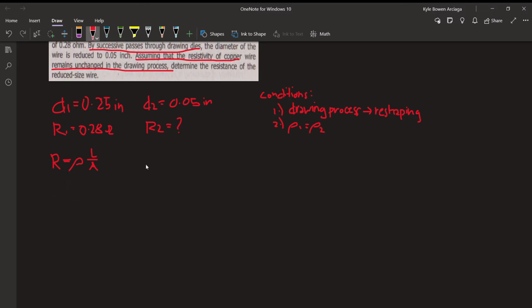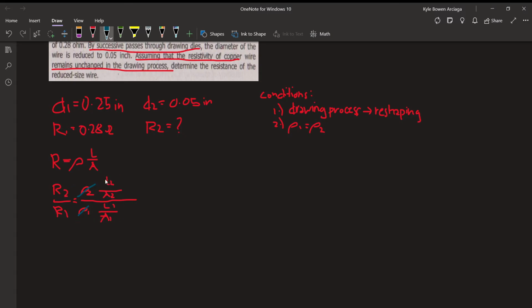So R2 over R1 equals rho L2 over A2 over rho L1 over A1. Since the resistivity is the same, we can cancel it out, so we only have this equation left.